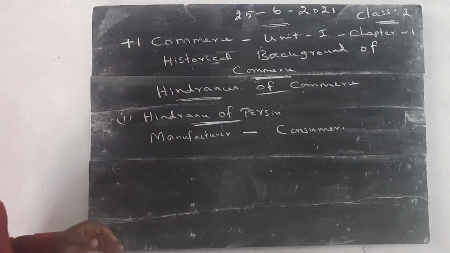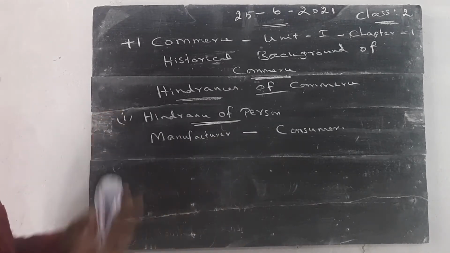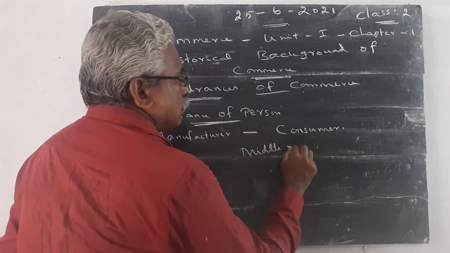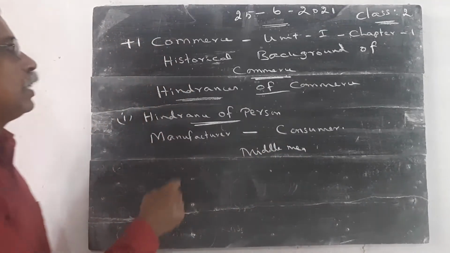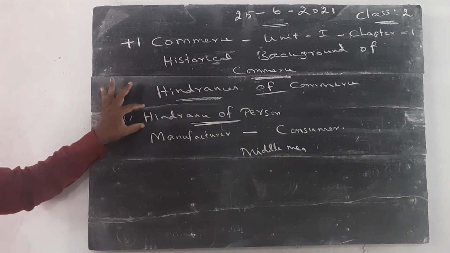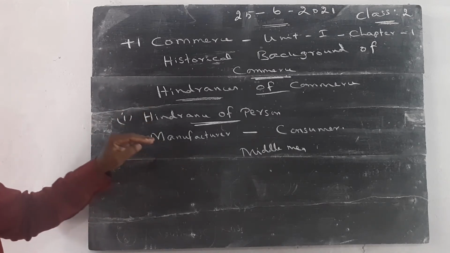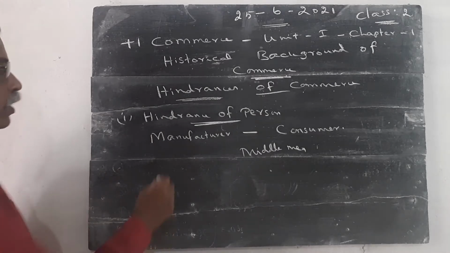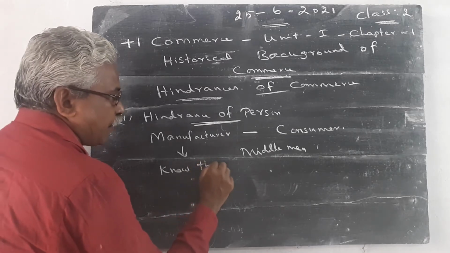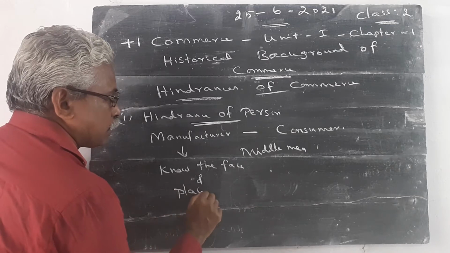There are some agencies between manufacturer and consumer, called middlemen. With the help of these 3 words, we have to try to write this answer. Hindrance of person: the manufacturer manufactures the product, but the manufacturer does not know the face and place of the consumer.